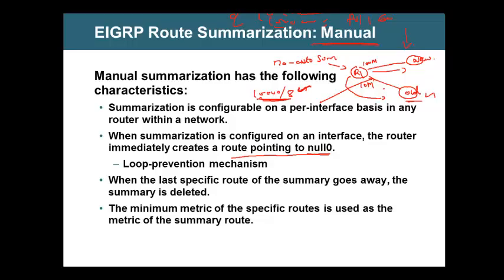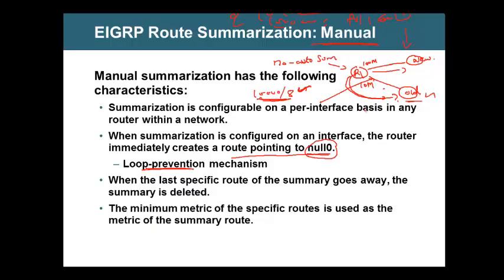Sometimes the packet will go here and come back and then go here and come back. It may cause a loop. So to prevent that loop, the summary route, which is common for many detailed routes, needs to point towards a dummy, neutral interface called the null interface. So now the summary route can be advertised to the old router.